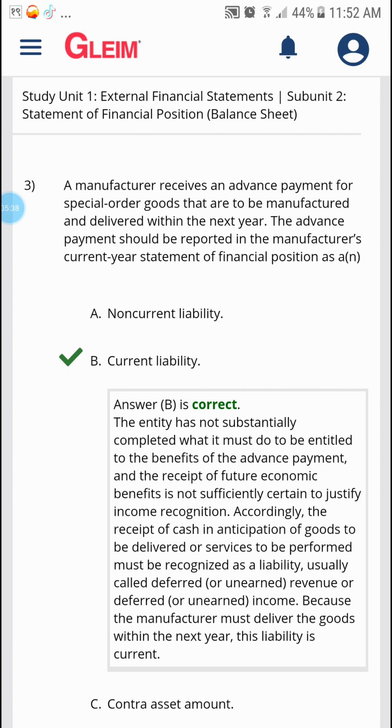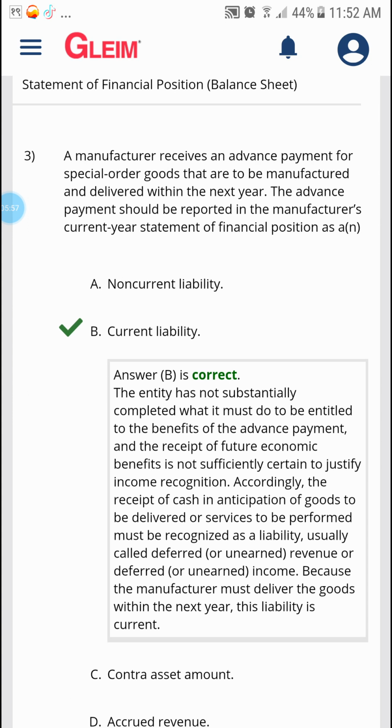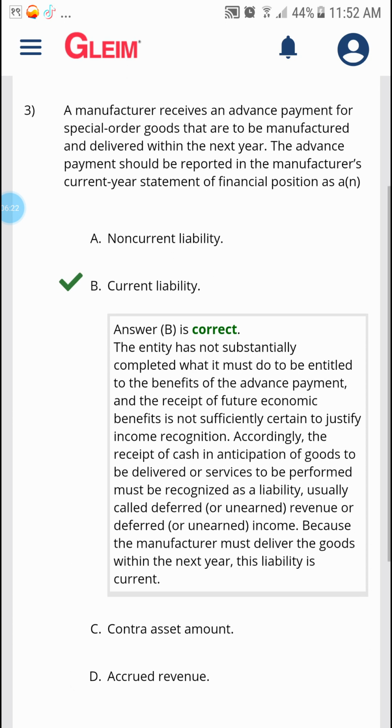the entity has not substantially completed what it must do to be entitled to the benefit of the advance payment, and the receipt of future economic benefits is not sufficiently certain to justify income recognition. So the receipt of cash in anticipation of goods to be delivered or services to be performed must be recognized as a liability, usually called deferred or unearned income. In the last question we saw unearned revenue.